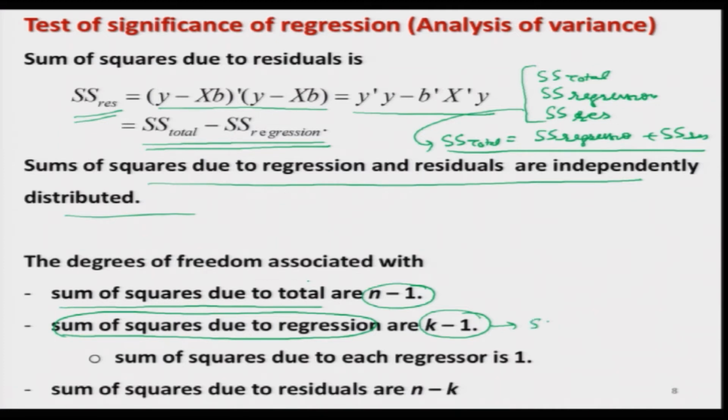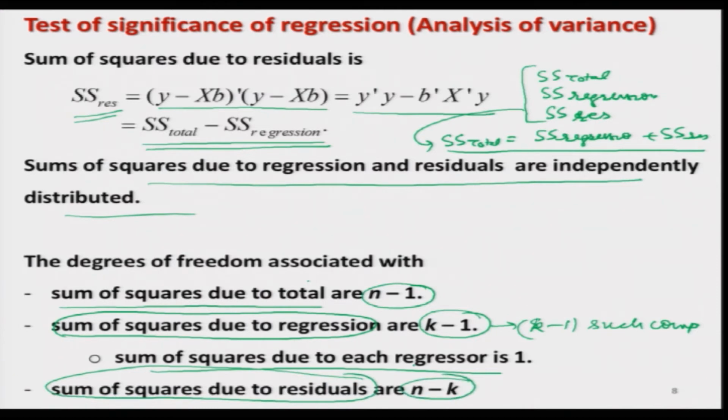So there will be k minus 1 such components, and each component indicates the contribution due to an individual variable xj, and each carries 1 degree of freedom. Finally, the sum of squares due to residuals carries n minus k degrees of freedom.